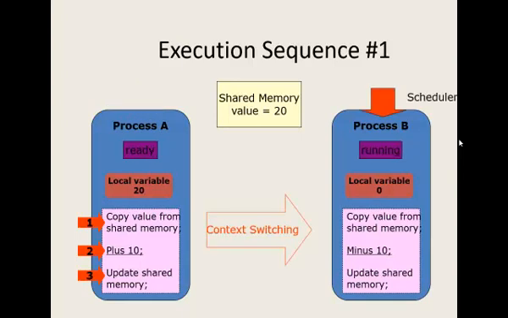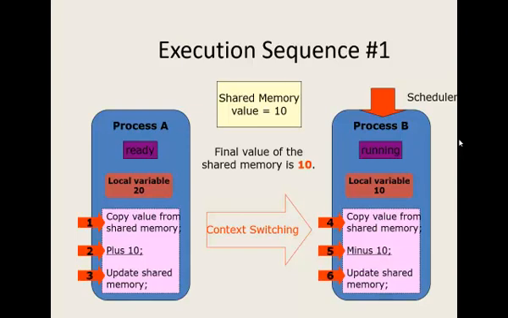When process A completes, there is a context switch. That means process A will be terminated and the CPU will start executing process B. The shared variable will be copied into the local variable of process B, then minus 10, the local variable will be 10, and update the shared variable. So the final value of the shared variable will be 10.